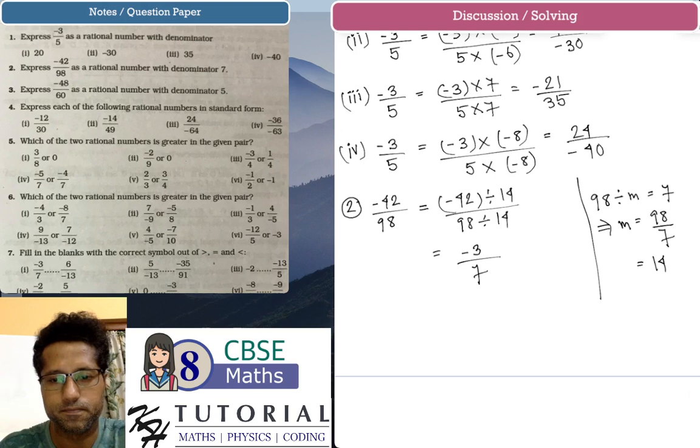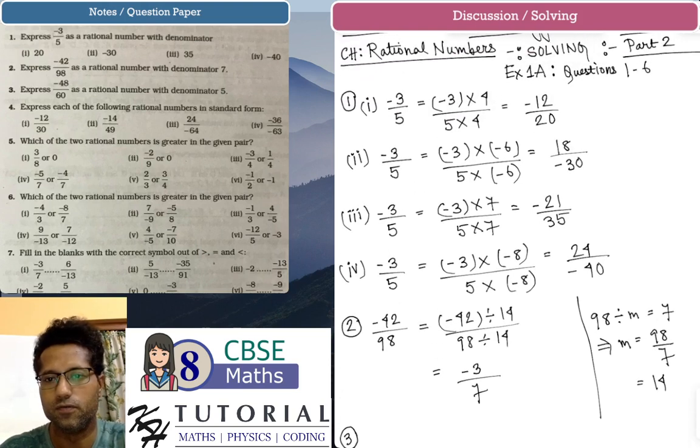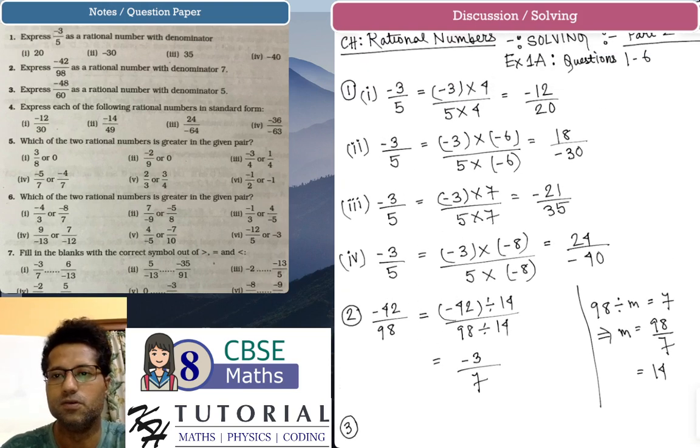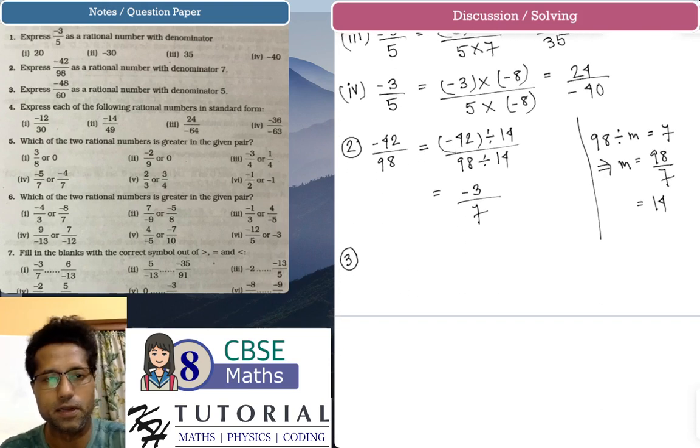Question number 3. While I am solving the problem, you can pause the video and take a screenshot for your future reference if you think it will be useful to you. Question number 3. Express minus 48 by 60 as a rational number with denominator 5. So we have to convert minus 48 by 60 so that the denominator becomes 5.